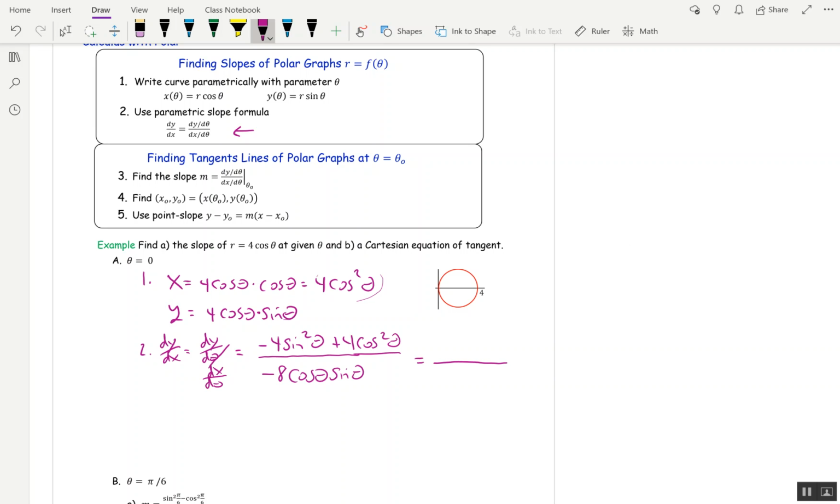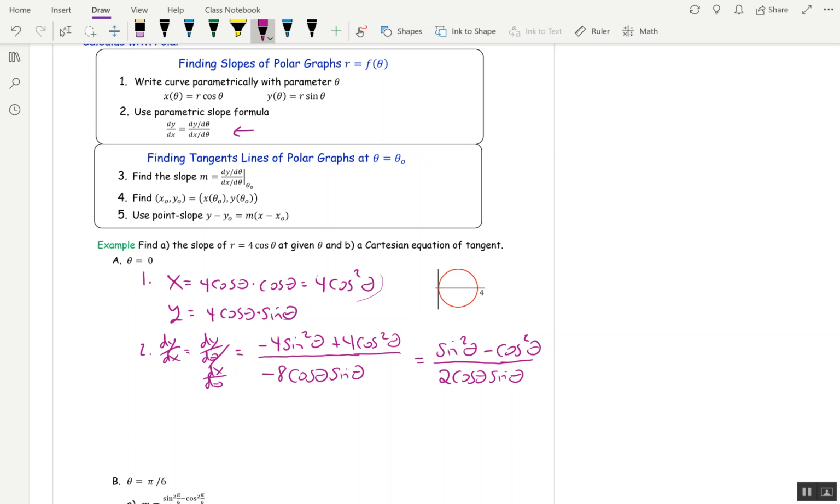So if we factor negative 4 out and cancel it with the negative 4 in the bottom, we'll get sine squared theta minus cosine squared theta divided by positive 2 cos theta sine theta. Okay, so now we found the slope at any value of theta.